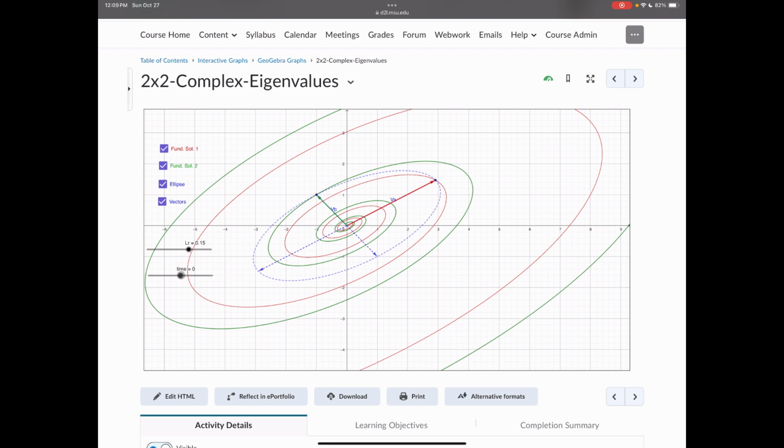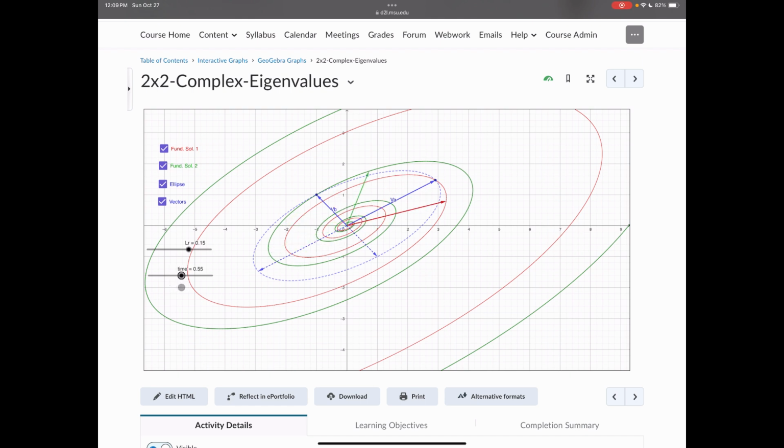the behavior is similar. The second fundamental solution is a little bit behind the first, but other than that, it does the same thing. So if you have the behavior of one fundamental solution, you have the behavior of both, because the second fundamental solution is just coming a little bit after the first.